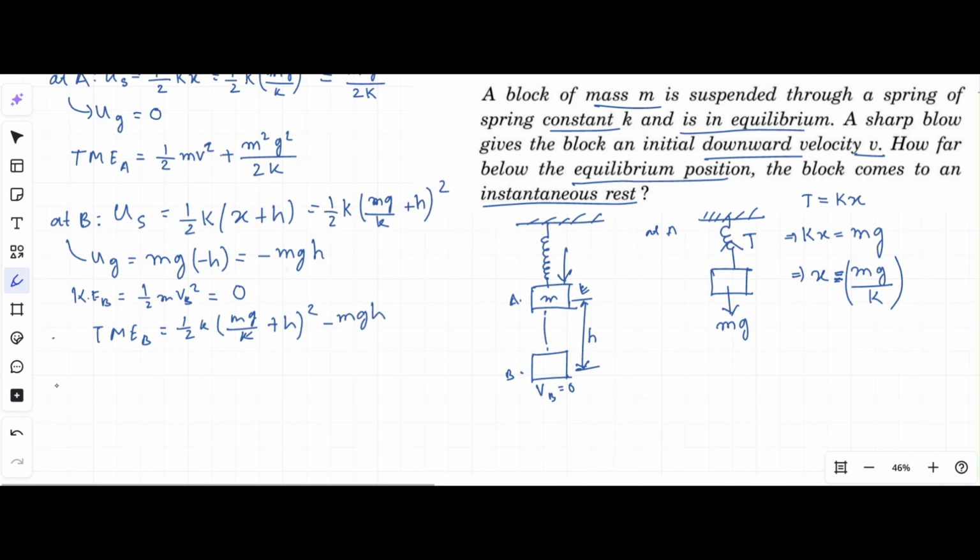We need to equate that: total mechanical energy at A is equal to total mechanical energy at B, which is half m v square plus m square g square by 2k is equal to half k times (mg by k plus h) square minus mgh. Now on solving this, what will come?